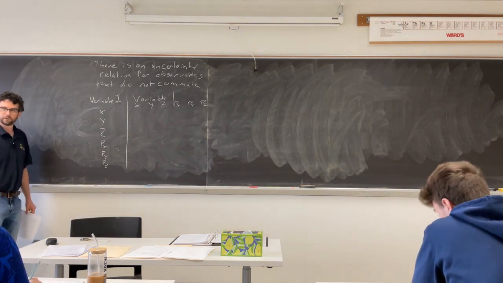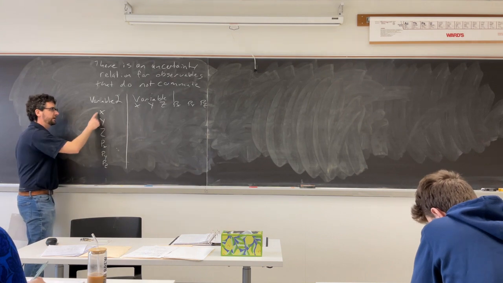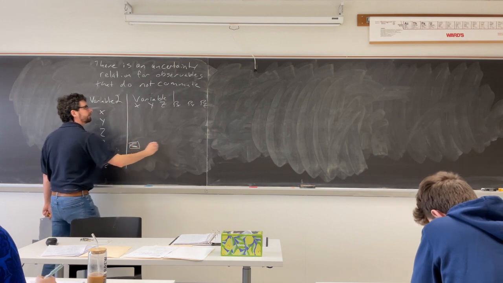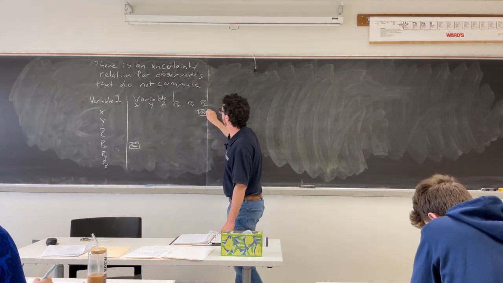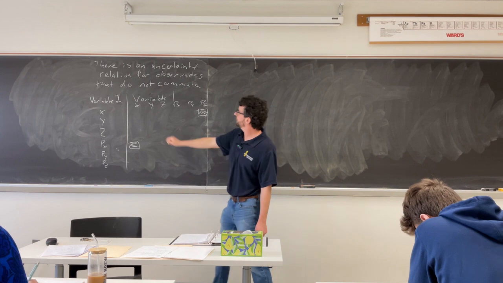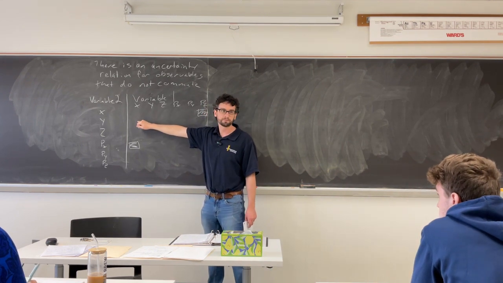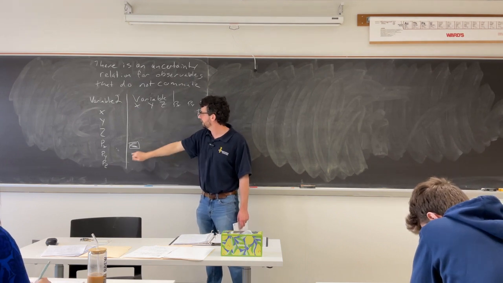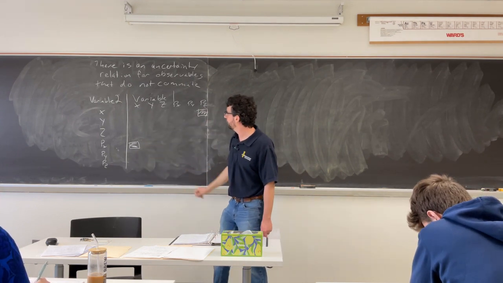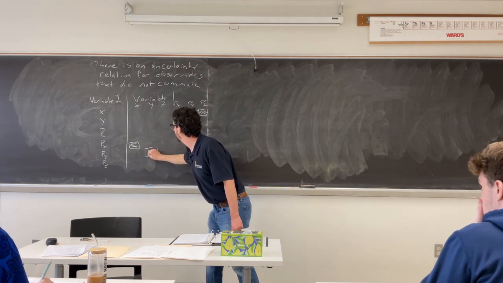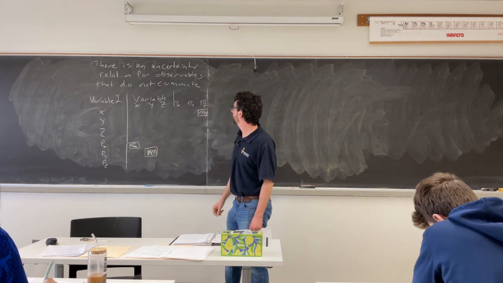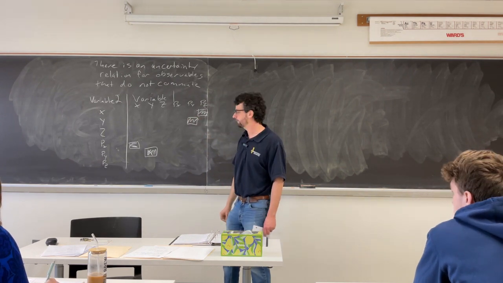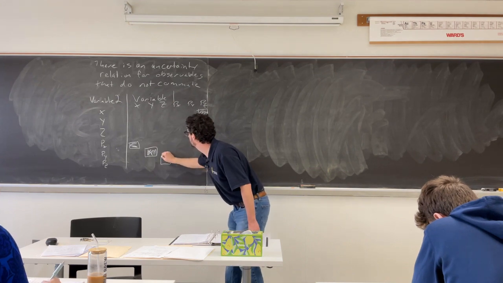So incompatible observables. We can't know x and p_x exactly. So we'd fill a block in. Could we know x and y at the same time? Yeah, shouldn't be a problem there. We can even know x and the momentum in y. However, if we try to look at y and the momentum in y at the same time, we can't do that. Same thing is true for the z direction.